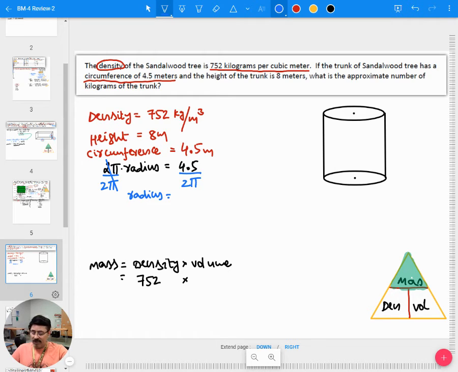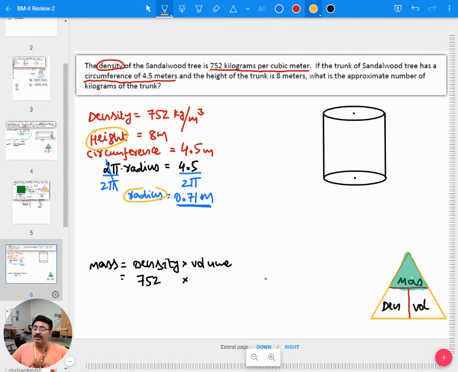You have to be very careful while using the calculator. These two I placed in parentheses. So 0.71. The radius is 0.716 to be more precise, 0.71 meters.